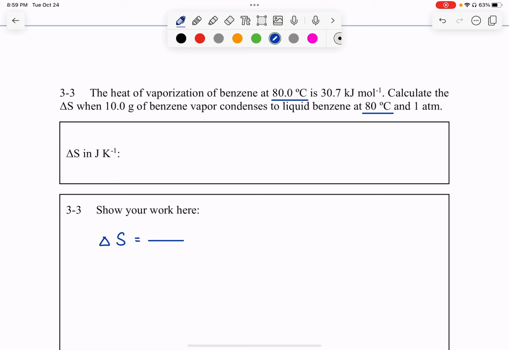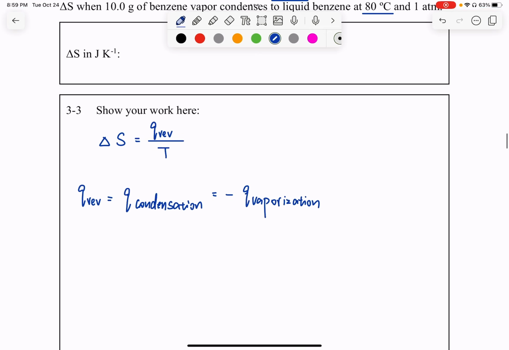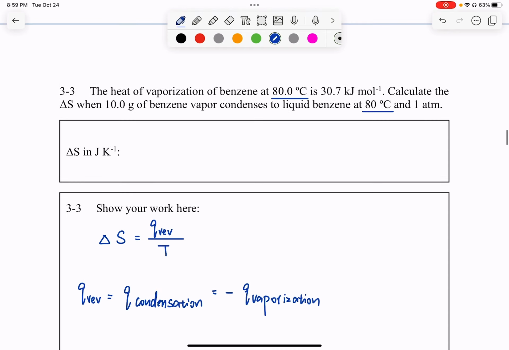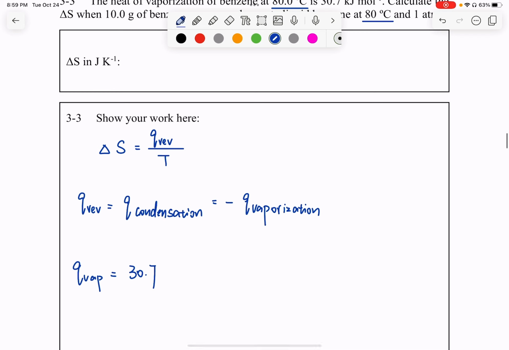That equals Q reversible over T. And in this case, our Q reversible equals Q condensation, which equals negative Q vaporization. And now our Q vaporization equals, well, we have 30.7 kilojoule per mole.